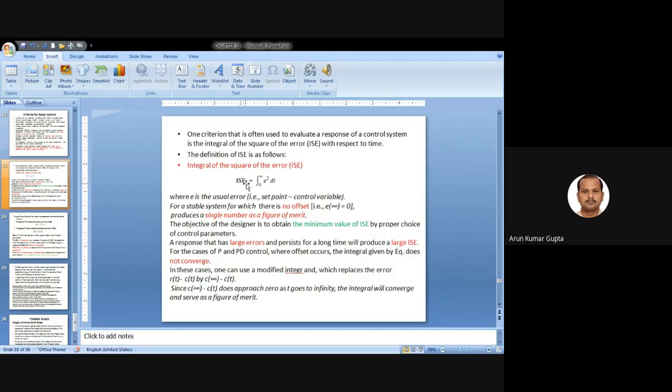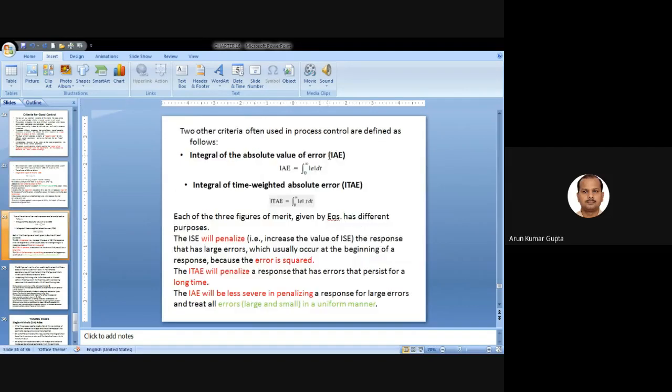So depending upon the error, a response that has a larger error and persists for a longer time will produce a large ISE value. So this method is useful when we have a small error, right? And if we have a larger error, then we go for a different method. If we have an error persisting for a longer time, we have a different method to define the function.